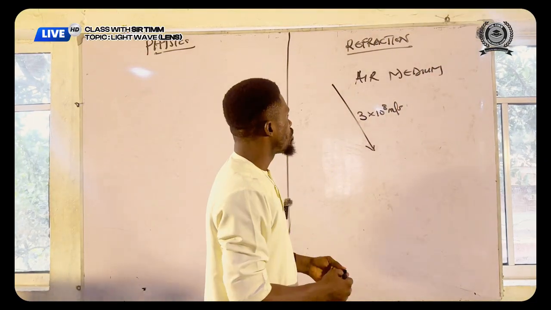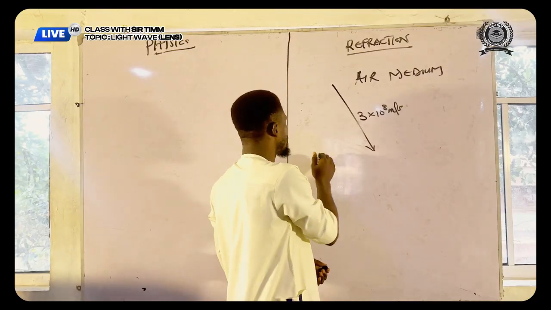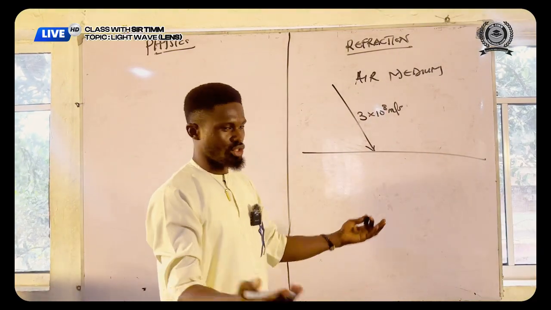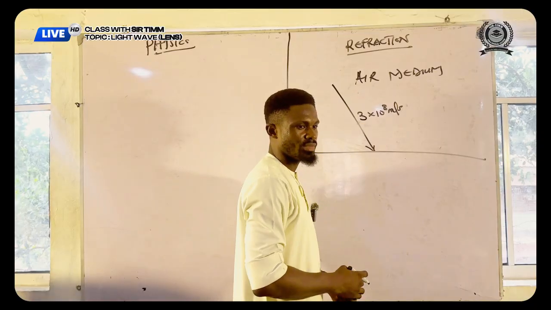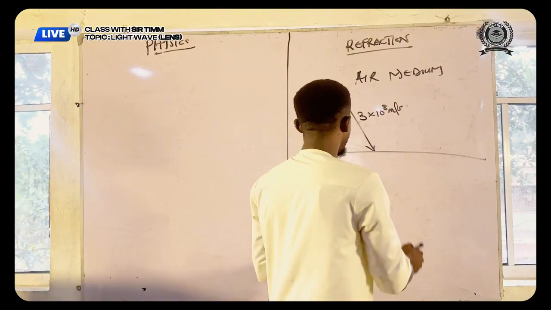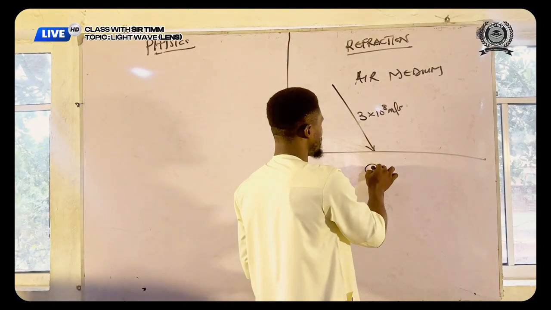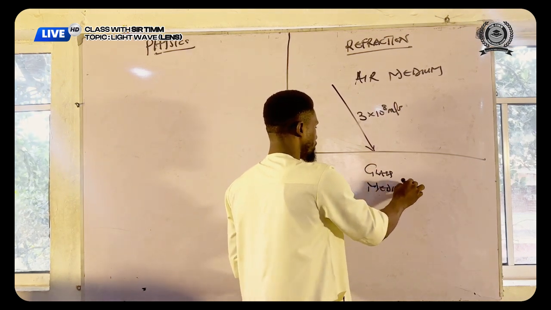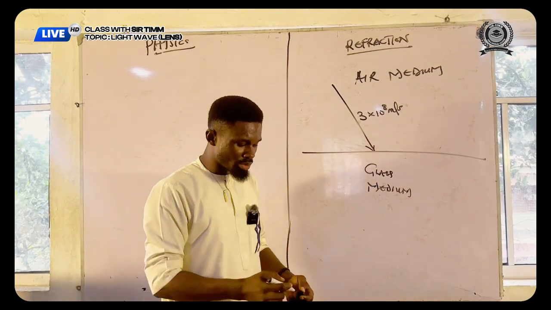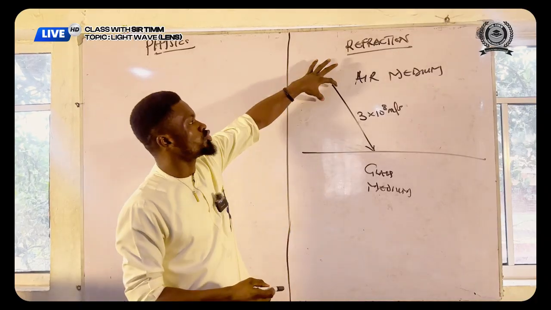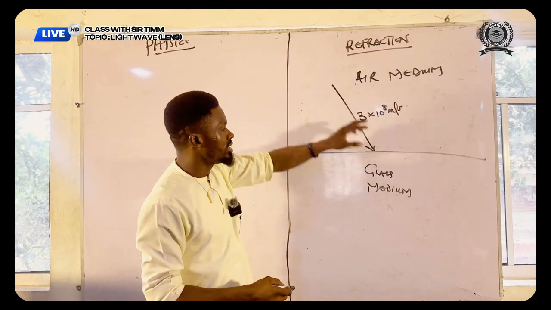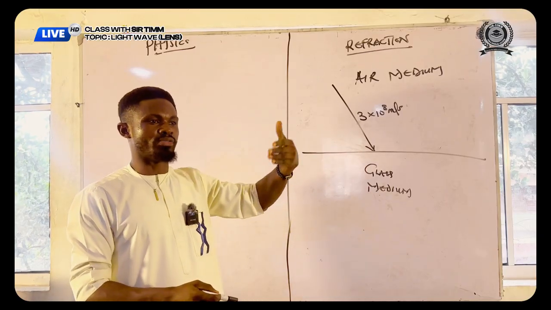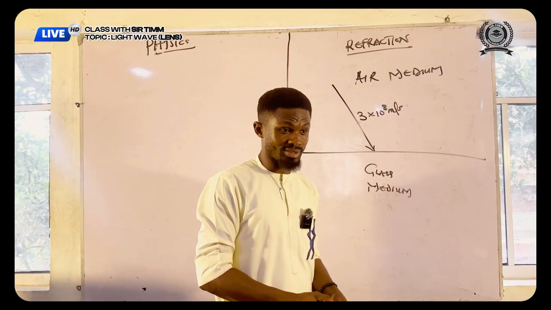Now, once this light crosses another medium, let's assume that this is water medium. Am I communicating? I like using glass, okay? Let's use glass medium. As soon as this ray, this light, hits another medium that is of higher density, am I communicating?